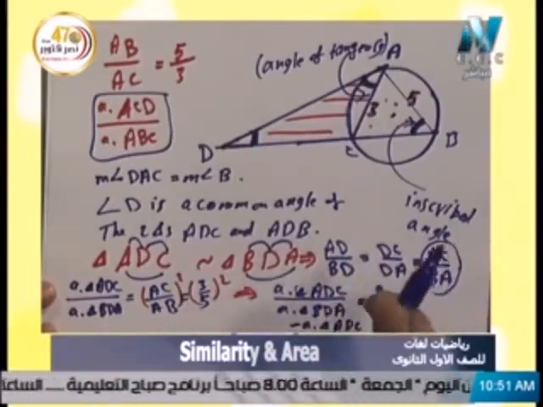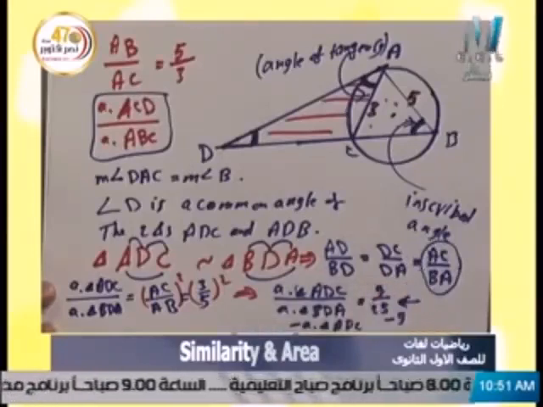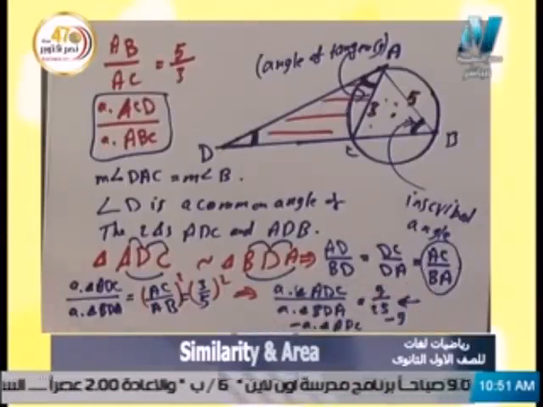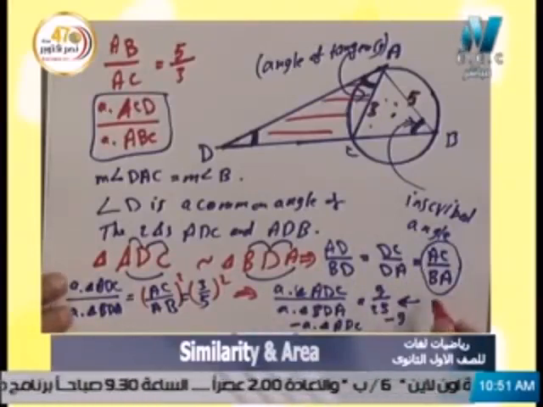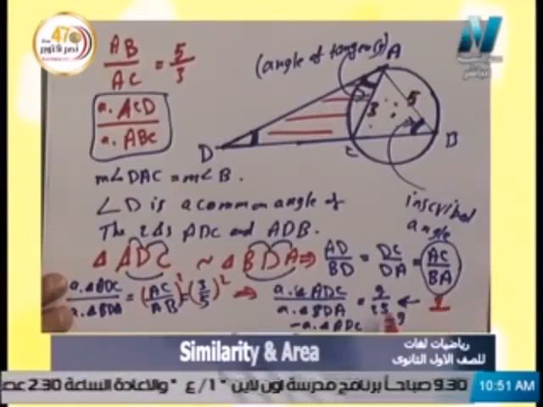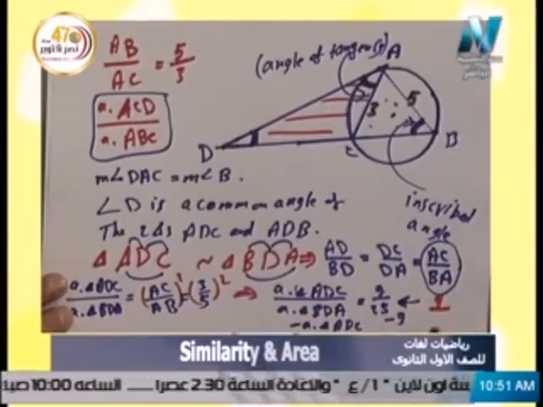We will subtract the numerator here from the denominator. So we will get that here is 9 over 25 minus 9 equals 16.